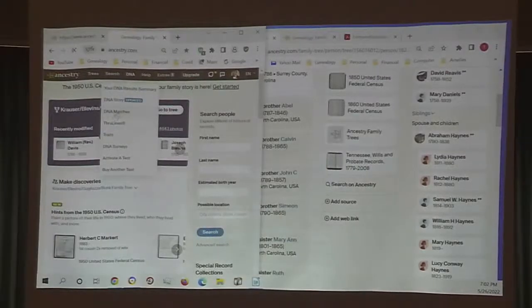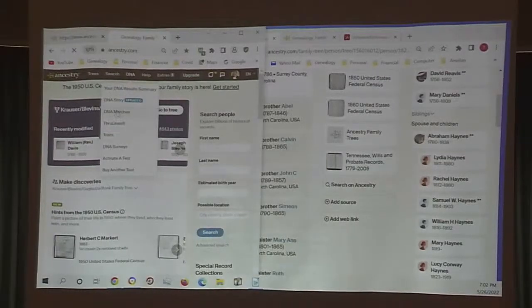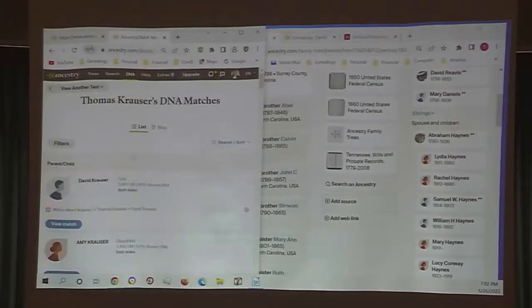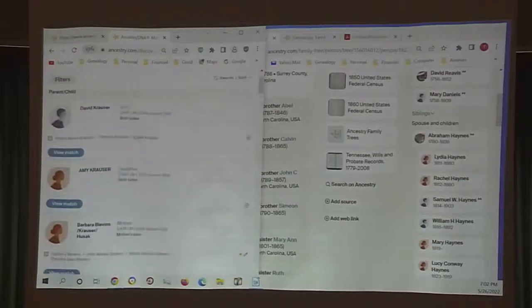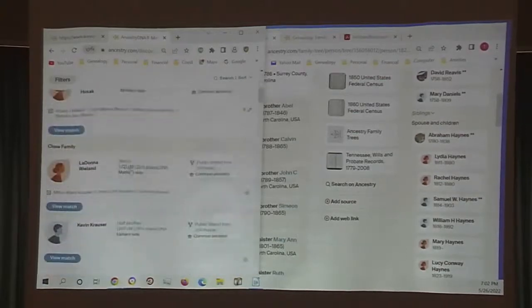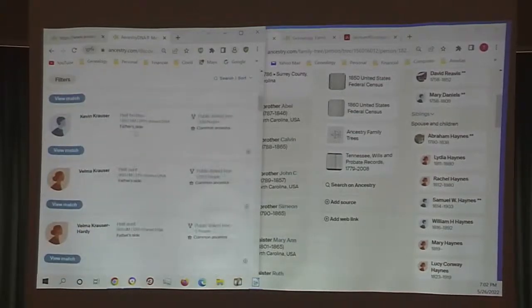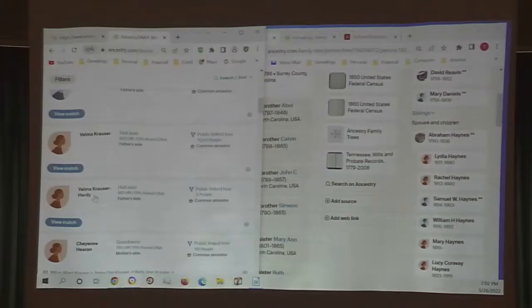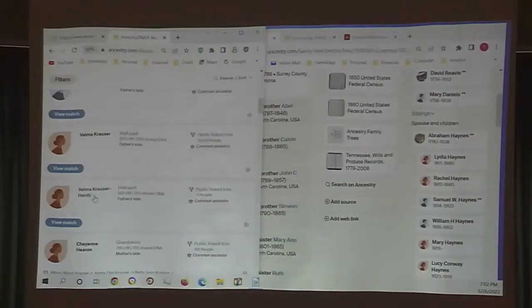If I go to DNA matches, there's my son, my daughter, my mother, and my cousin, half brother, and Velma, half aunt. And you notice here's Velma, half aunt. So there's actually 2 DNA matches for her.